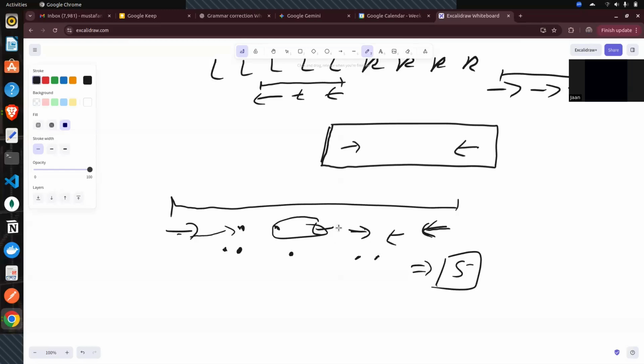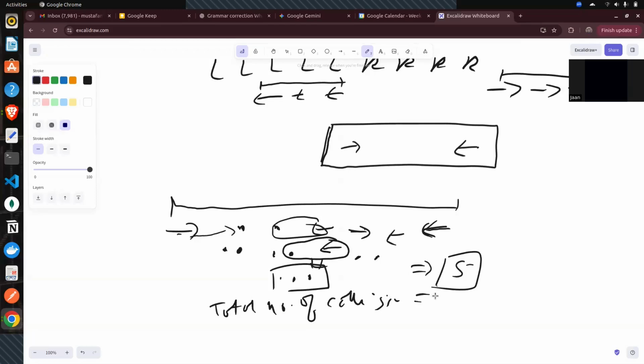Even if one more car was going in the left direction at this position, and here we have two static cars, then it will collide with the first static car and it will also become static like this. So basically the total number of collisions is the total number of moving cars.